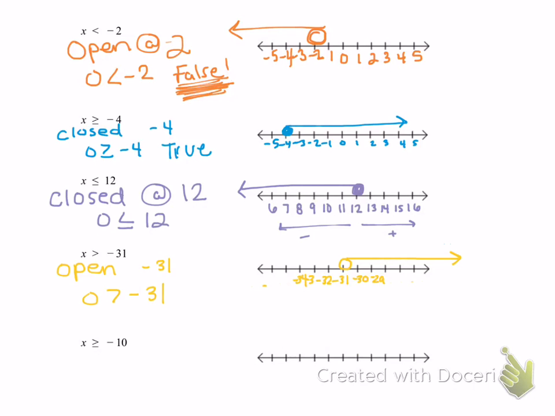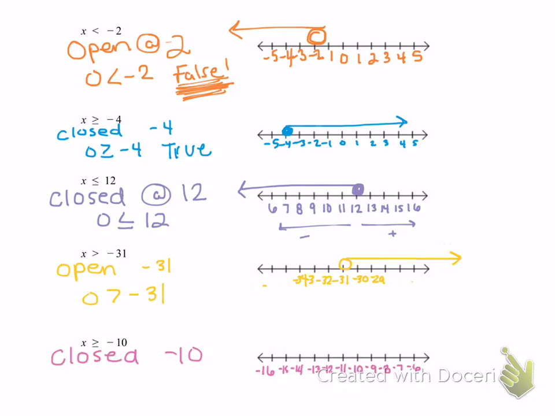One more. First step, open or closed, and we can see that this one's going to be closed, because it has that line under it. It's going to be at -10. So let's do our graph. We've got -10, -9, -8, -7, -6, and -11, -12, -13, -14, -15, -16.